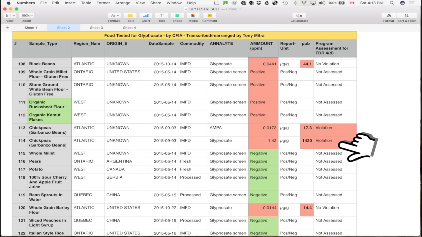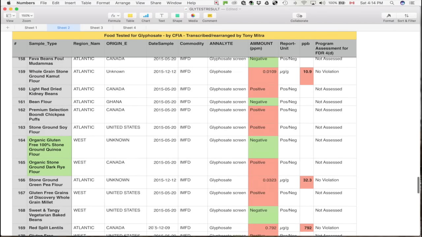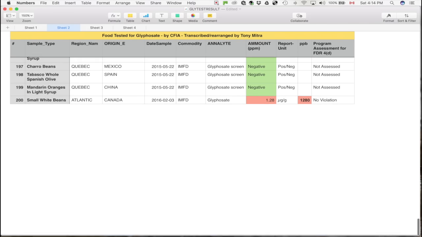So apparently chickpeas has a level that is beyond the considered safe limit. So it is shown in violation. I intend to find out what these safe limits are and if they are standard for all or different for different foods. Nonetheless, I do not like glyphosate, even a little bit of it. So I have done my own set of analysis after transcribing all this data.